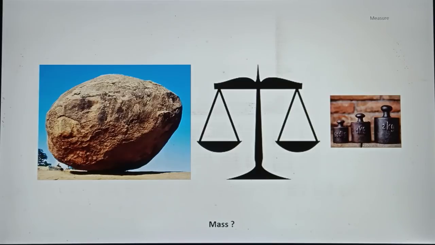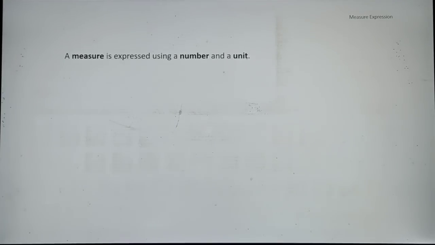In measurement, how is the measure expressed, or what makes a measure? A correct measure contains a number and a unit. The number denotes the ratio between the unknown quantity and the known quantity, and the unit serves as the means of comparison.